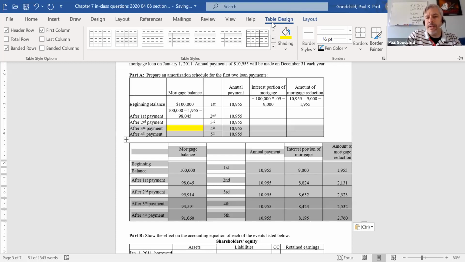All right, I see I have a question in the chat. Can you scroll down so you can see part B? I'm not sure where I got to scroll down from. Can you guys see that? That's part B. I'm trying to get as much of it on the screen as I can.